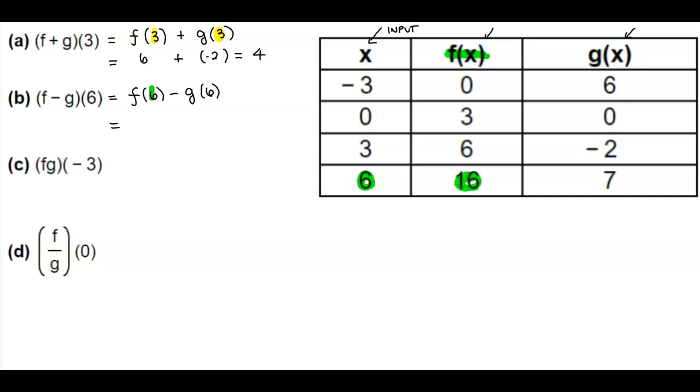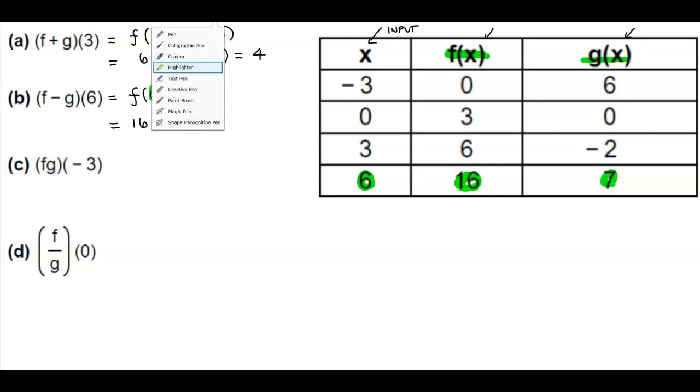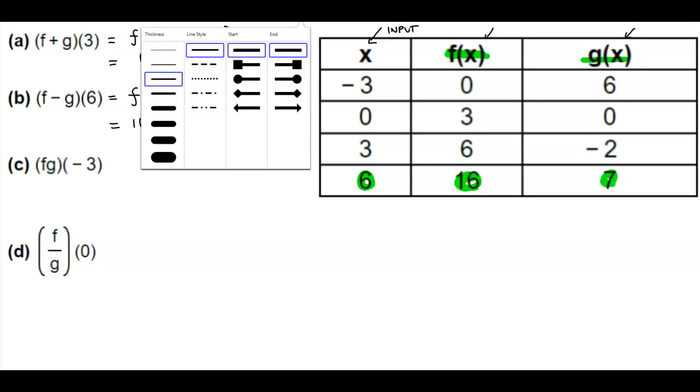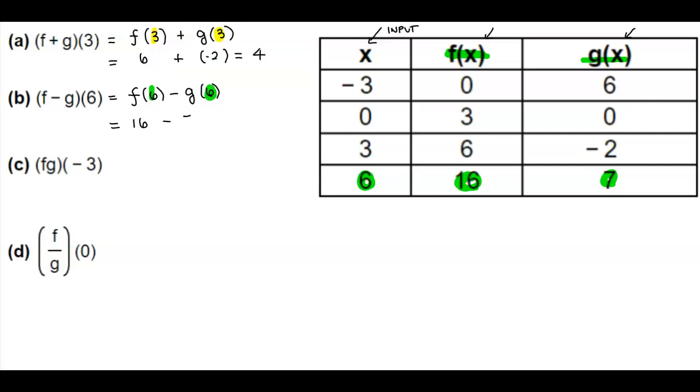Well, it's 16. And then we can put that in there, so we know that f of 6 is 16, and then minus the input for g is 6, so what's the output? Well, it's 7. So therefore, we have 16 minus 7, which is equal to 9.